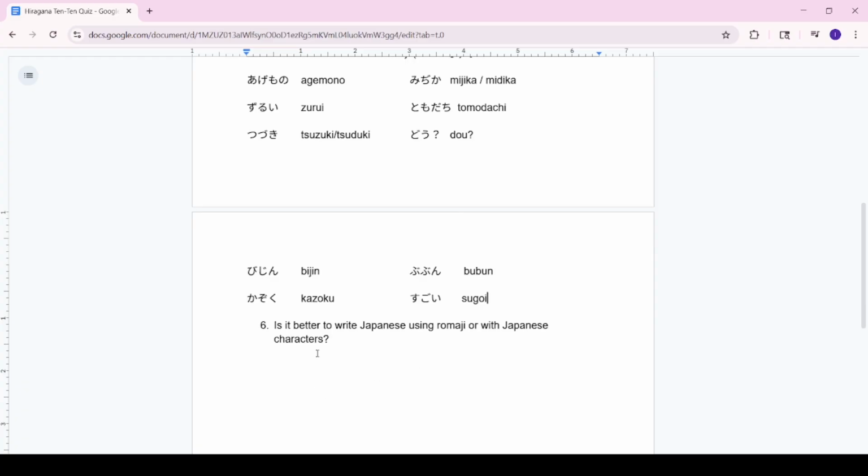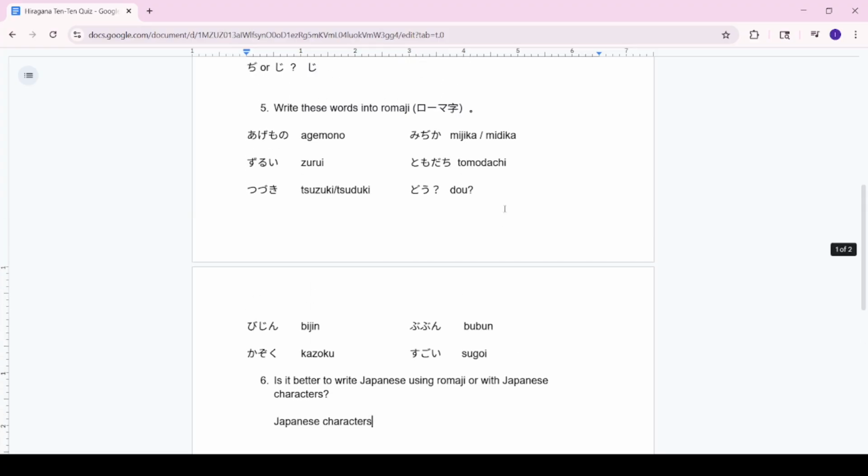So number 6, just want to make sure I'm recording, is it better to write Japanese using Romaji or with Japanese characters? In my personal opinion, it is better with Japanese characters. Why? Because if you're just writing with the alphabet symbols, it can get confusing.